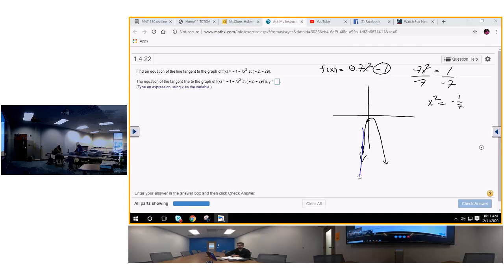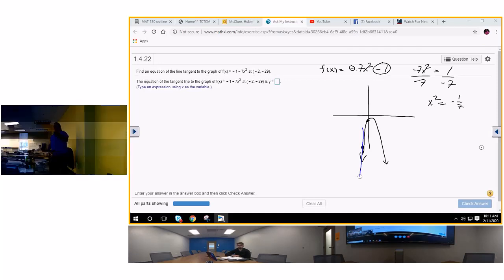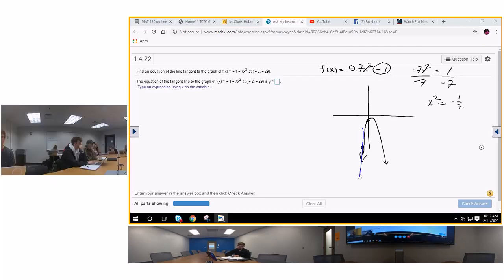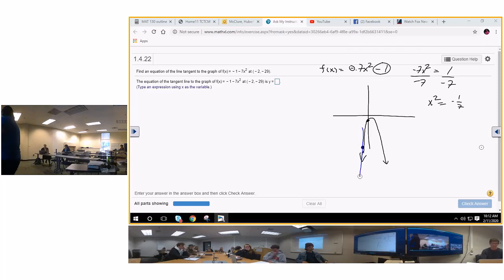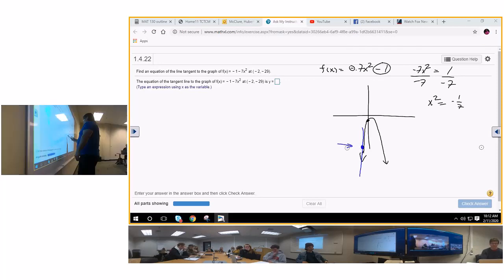Why am I haphazardly graphing it, and why is that important? Because you need to understand what the question is asking for. They want to know the equation of that blue line. Does everybody understand that? Yeah. Because that point right here is at -2 and -29.